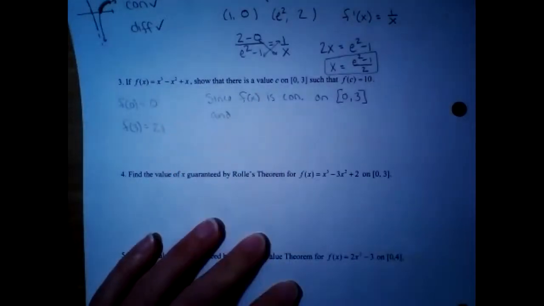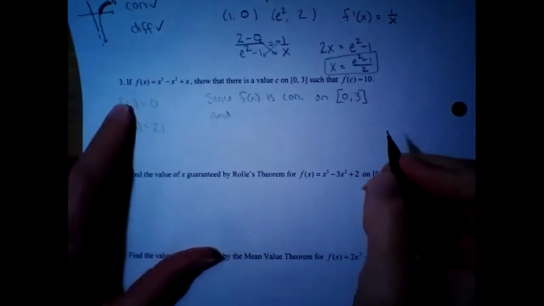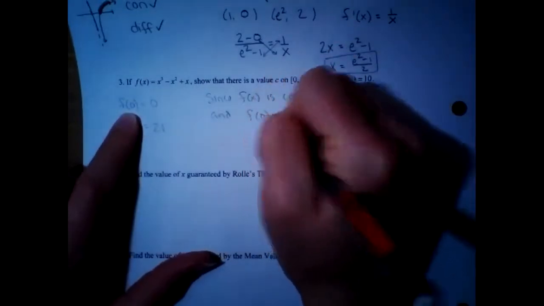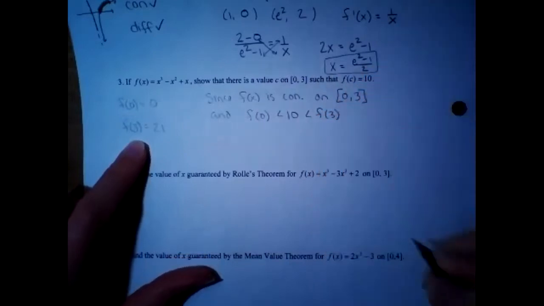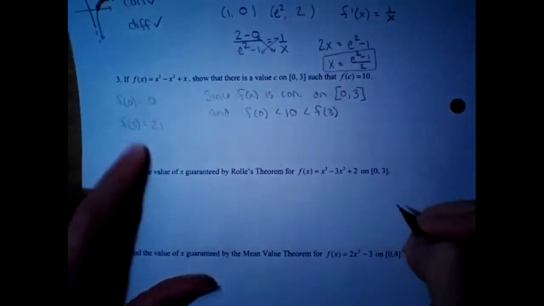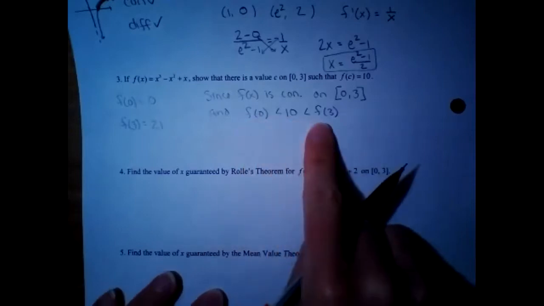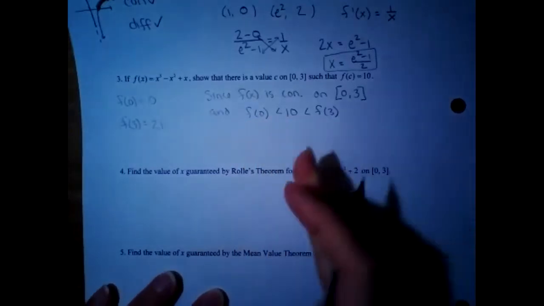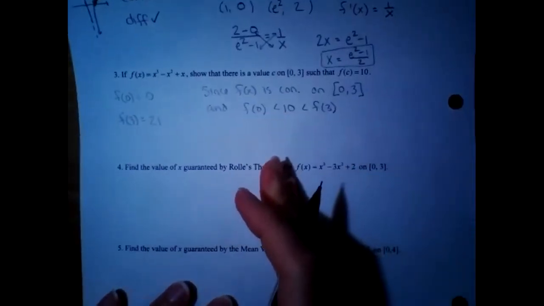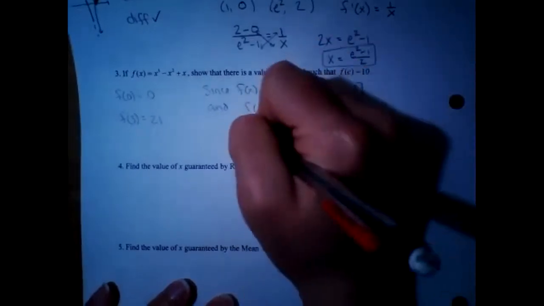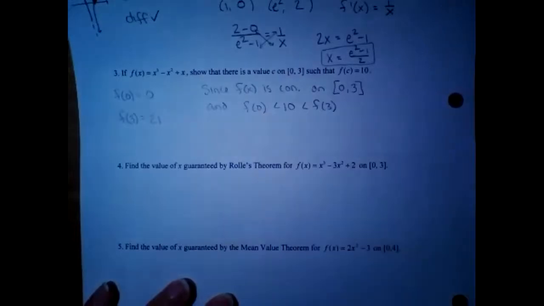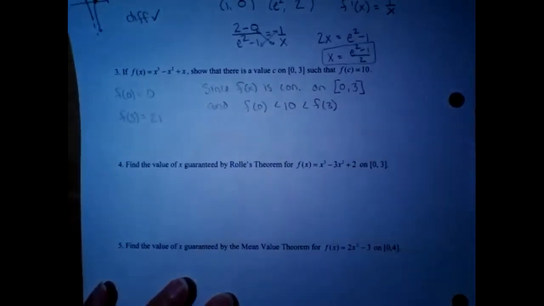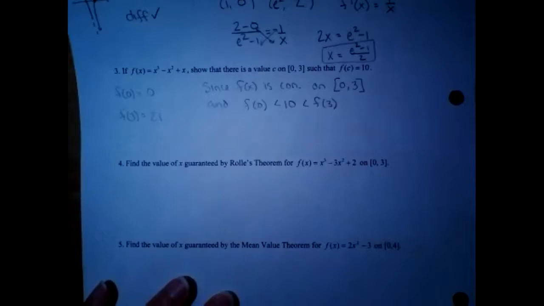So here's what I think is the quickest way to say it. f of 0 is less than 10 is less than f of 3. That's the most succinct way to put it. But some people don't like the math notation and they want to write it out like in words. Like if you're more an English person than a math person, you can say 10 is between f of 0 and f of 3. It's a little bit more writing, but you can write it out in words.